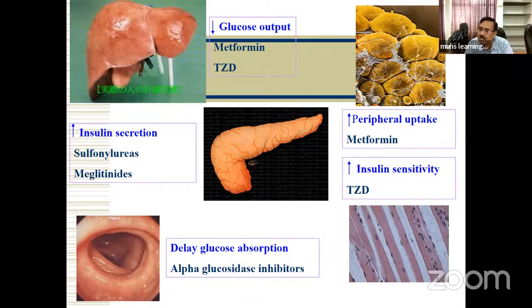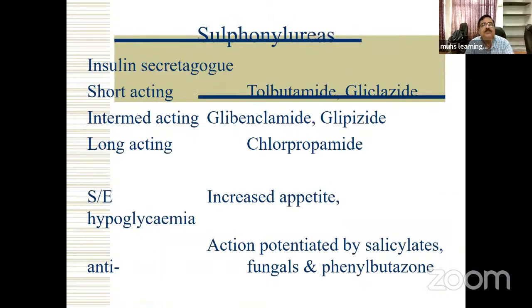Peripheral uptake is again improved with metformin. Insulin sensitivity is improved with thiazolidinedione, and glucosidase inhibitor prevents glucose absorption, and this way they prevent postprandial hyperglycemia.